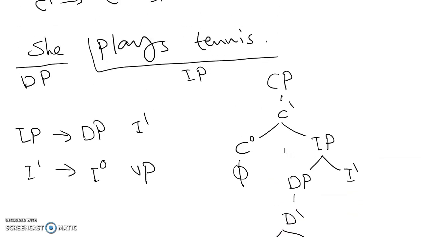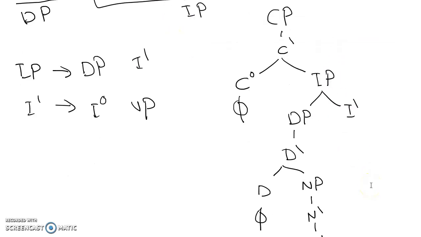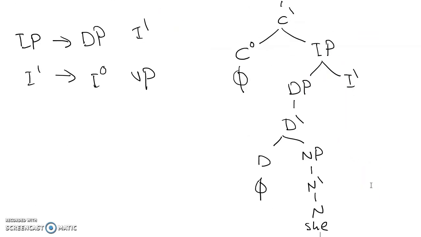Now the rest of the sentence, which is plays tennis. At the beginning I have to consider the tense. This sentence is with the simple present, and we have an S here. So I have to indicate the tense and this S in the area of the I0. The I bar consists of an I0 and a VP.